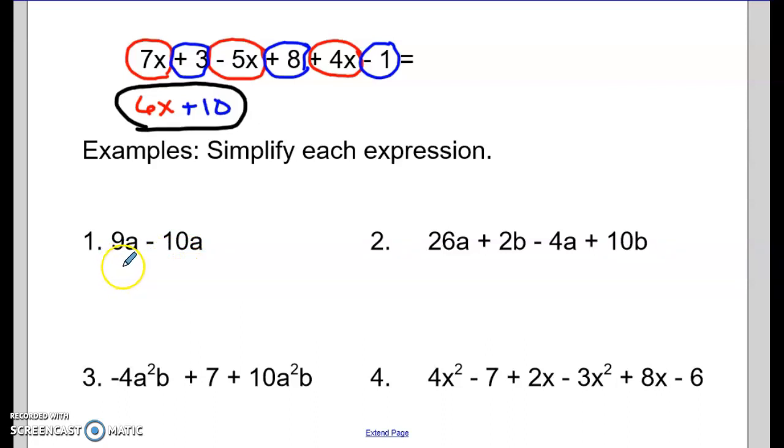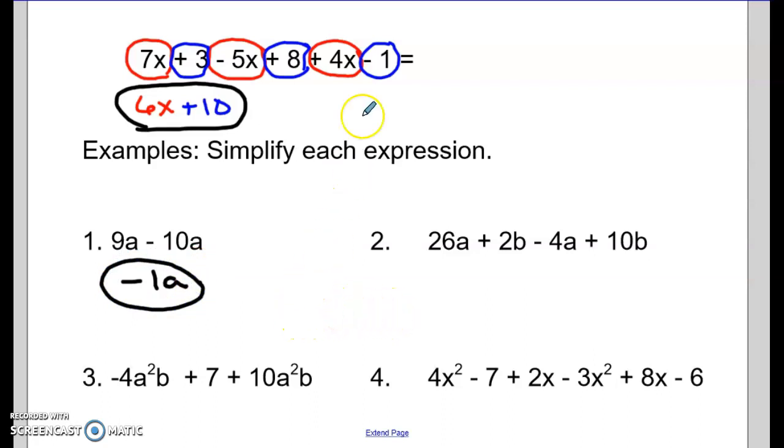Pull out your calculator and type 9 minus 10. You will get -1, and since both terms have the letter a, your answer also has the letter a. So 9a minus 10a equals -1a. We have combined that term.